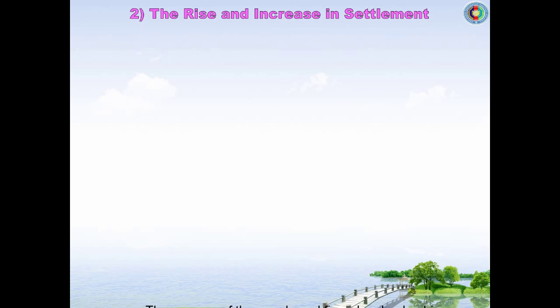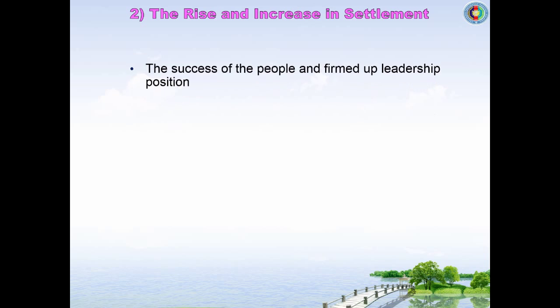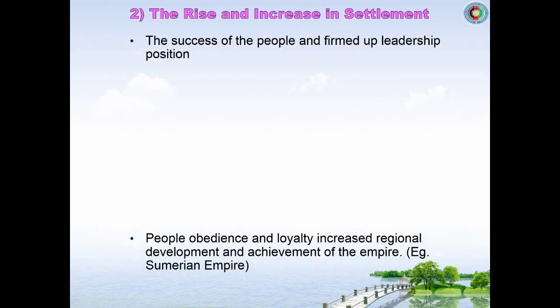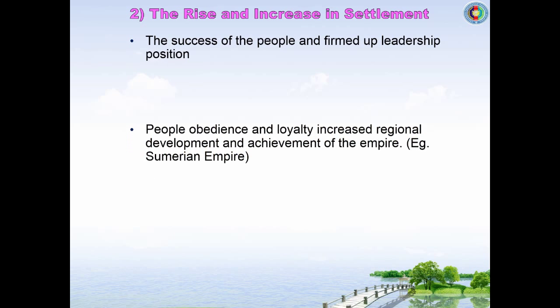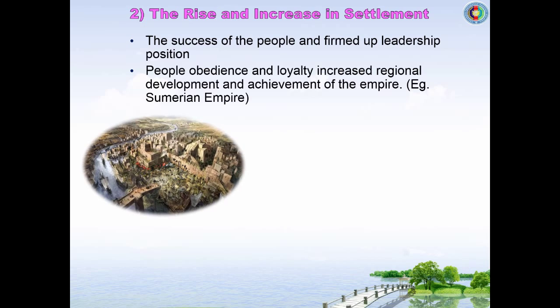Second, the rise and increase in settlement. This is due to the participation of the people in the development of communities and strengthening of the leader's position. People's obedience and loyalty increased regional development and achievement of the empire.